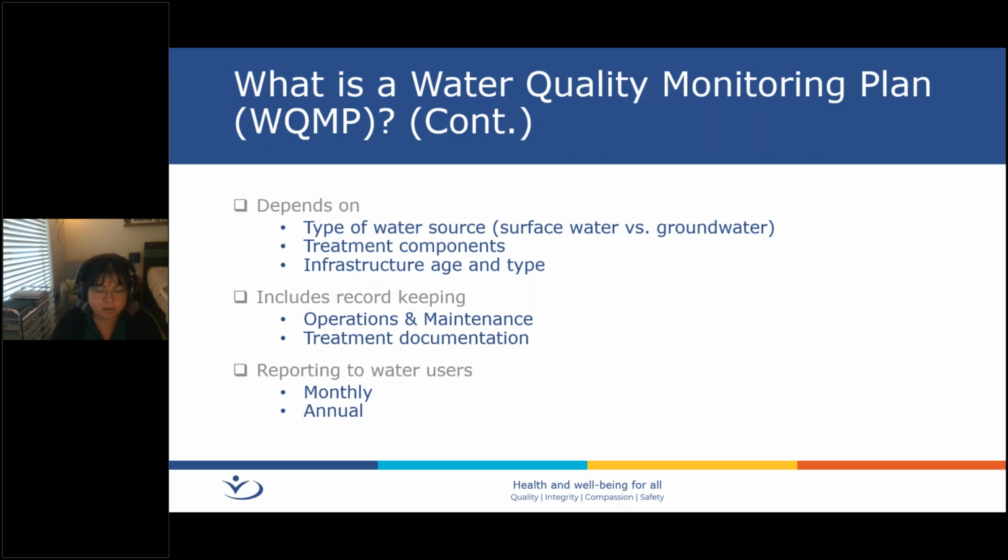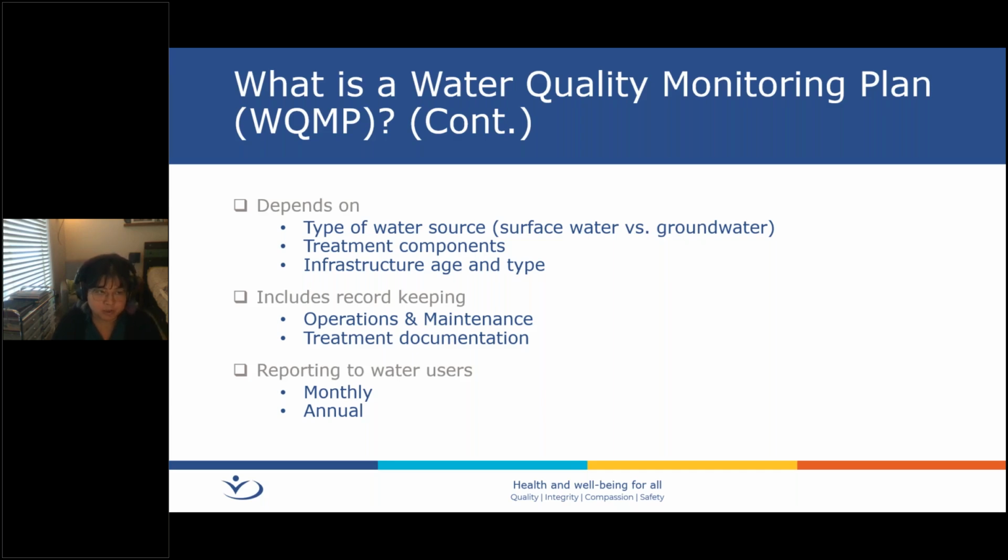So part of the monitoring plan should include operations and maintenance procedure and plan, as well as treatment documentation. So chlorine residual log, for example.